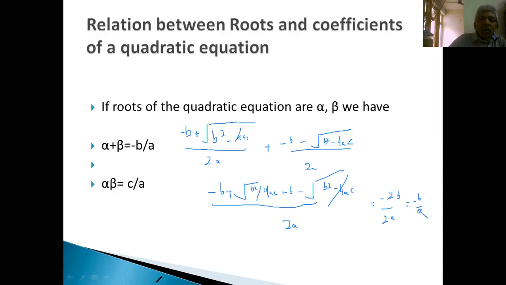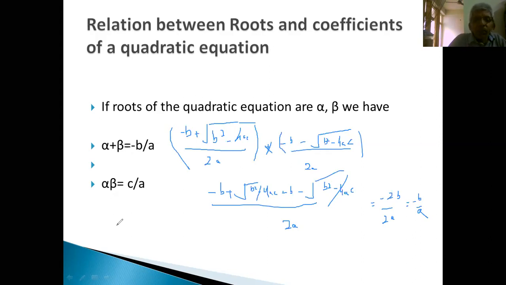Now see the multiplication of the roots. When you multiply, this is of the form a plus b into a minus b, so that means a square minus b square.